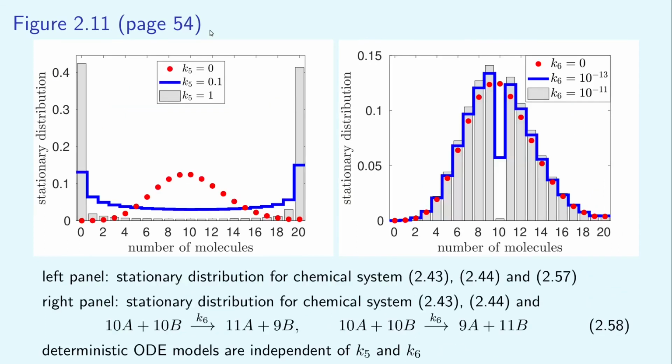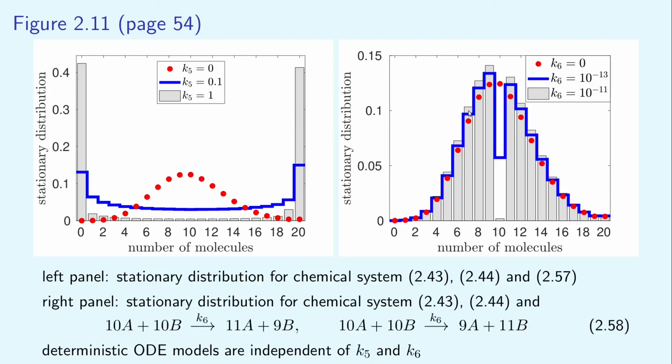Figure 211 on page 54 shows the dependence of the stationary distribution on the parameter K5. It has one favorable state around 10 for K5 equal to 0, and it changes to two favorable states as K5 is increased.